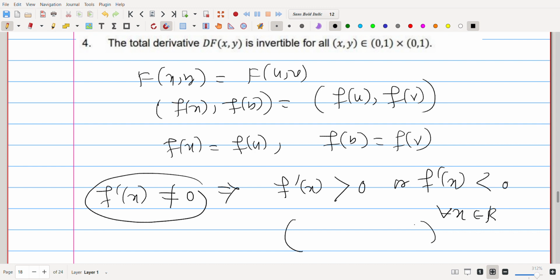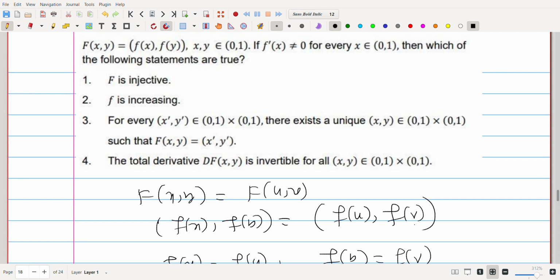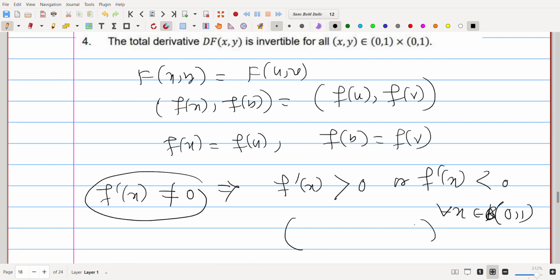That means either f'(x) is strictly positive for all x or strictly negative for all x, in the open interval (0,1). Hence either f is strictly increasing or strictly decreasing. So f is monotone, hence f is injective, so capital F is injective.